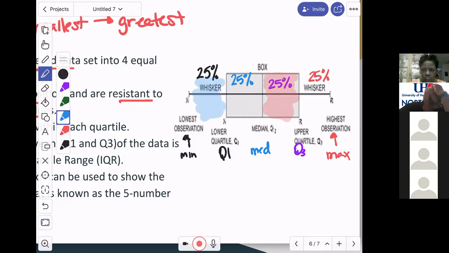False. Why? These are the same. It's the exact same amount of values, right? There's 25% within each one of these, so you can't say there's more values.